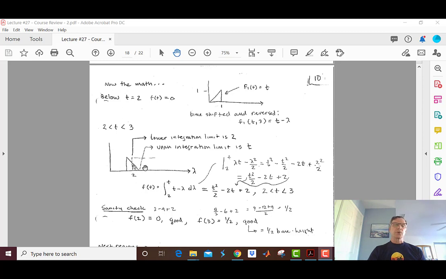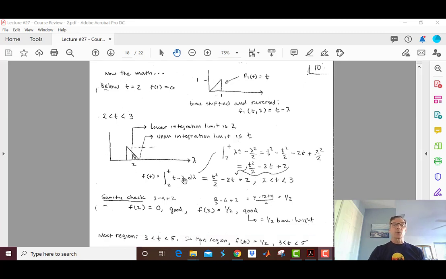So we're going to integrate from 2 to t of t minus lambda d lambda, and that is going to give us t squared over 2 minus 2t plus 2, and I showed the math here, but basically this is our formula for time between 2 and 3.